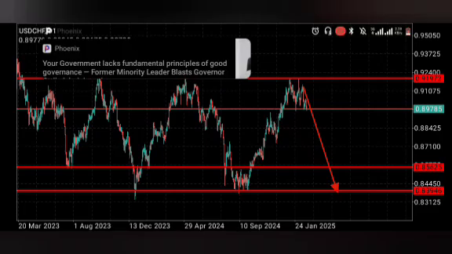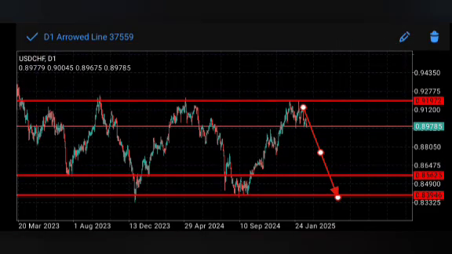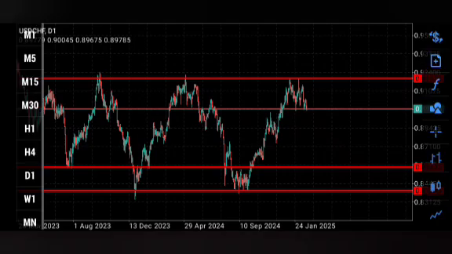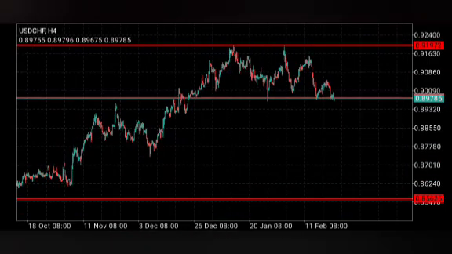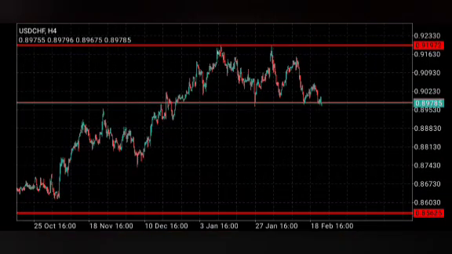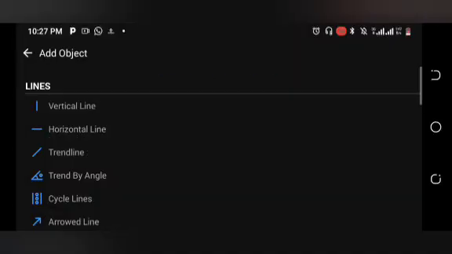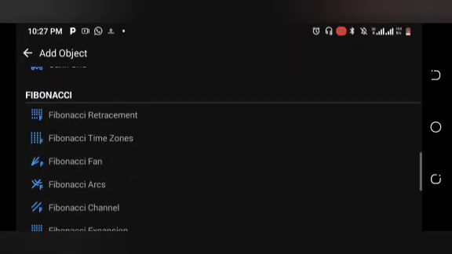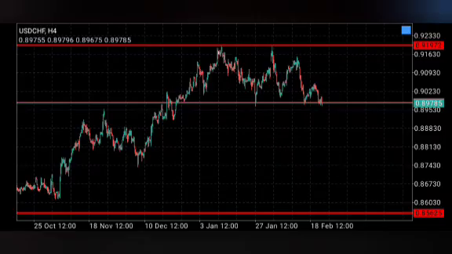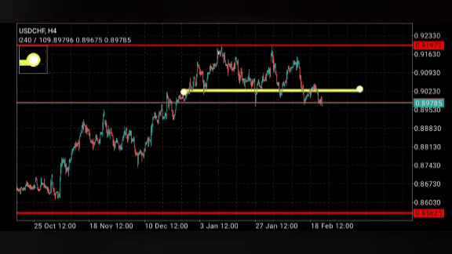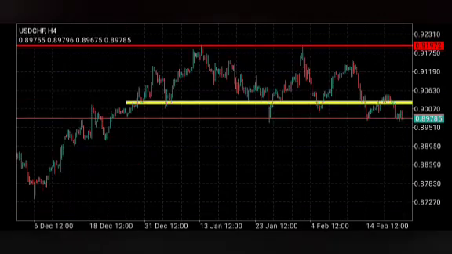But let's go to the 4-hour time frame to see how we can actually fine tune our entry. So we'll go to the 4-hour time frame. So what do you see? This looks like some head and shoulders pattern. I'll show you. Yeah, basically it is.